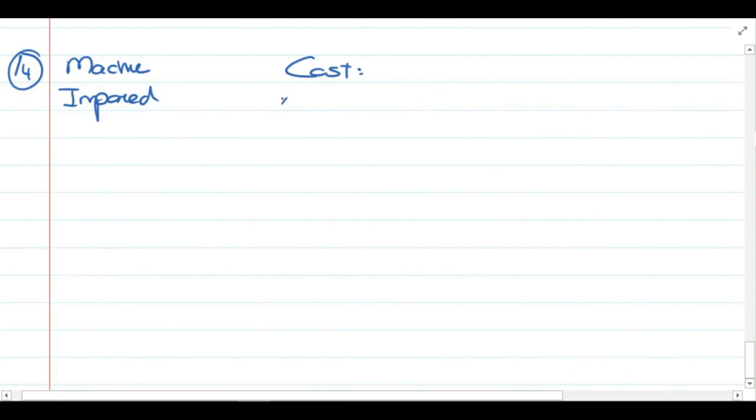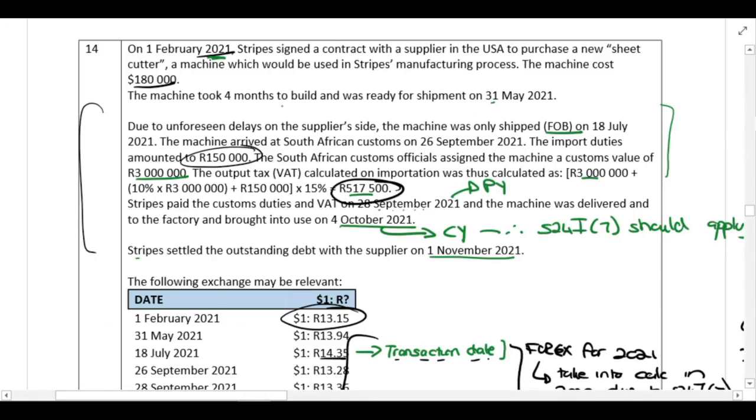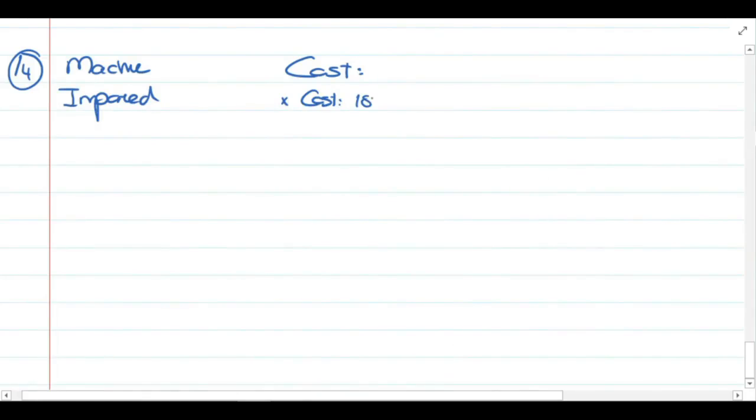So what is the cost? The cost is the actual cost of this machine translated. So it's 180,000 translated on the transaction date of 14.35, which is $2,583.